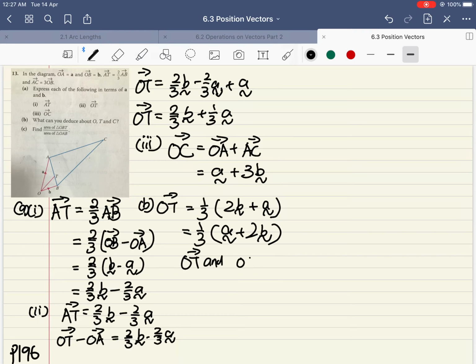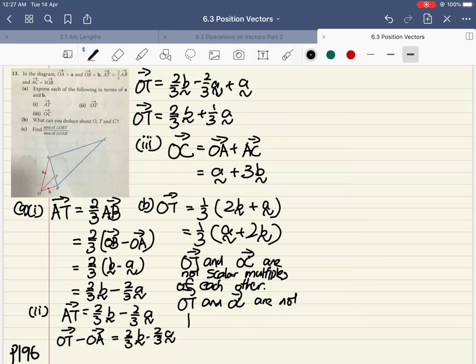To put it in words: OT and OC are not scalar multiples of each other. Therefore, OT and OC are not parallel. And if they're not parallel, it means that O, T and C do not lie on the same straight line.